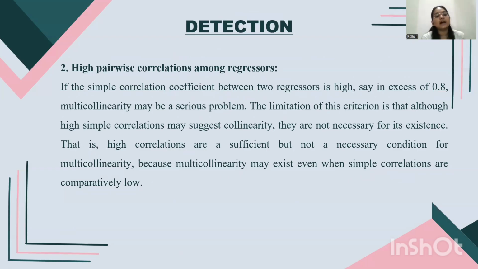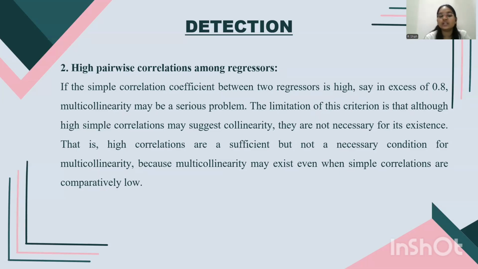Then the second is high pairwise correlation among regressors. If the simple correlation coefficient between two regressors is high, say in excess of 0.8, multicollinearity may be a serious problem. The limitation of this criterion is that although high simple correlations may suggest collinearity, they are not necessary for its existence.